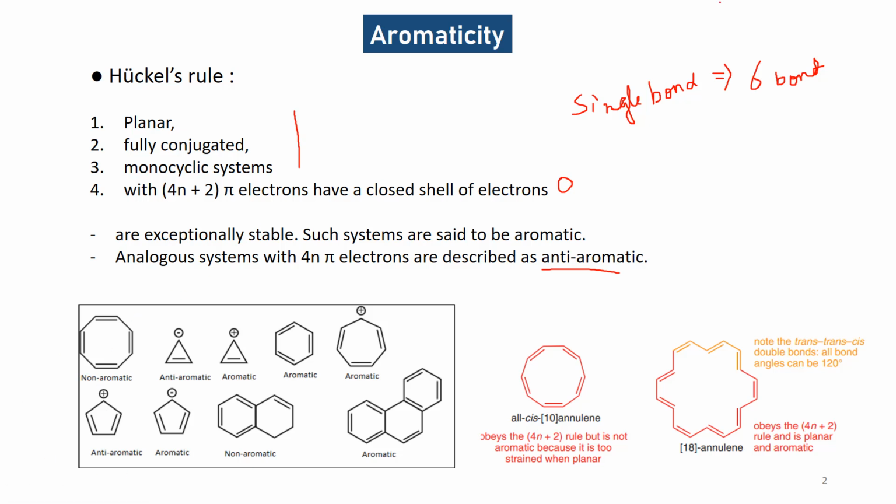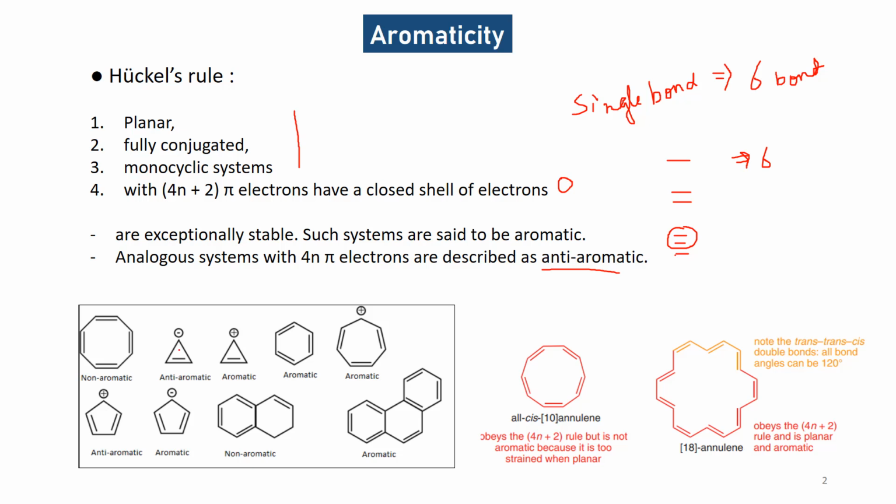If there is any bond other than this sigma bond, that is called a pi bond. If there is a double bond, the first will be a sigma bond and the second will be a pi bond. If there is a triple bond, one will be sigma and the other two will be pi bonds.